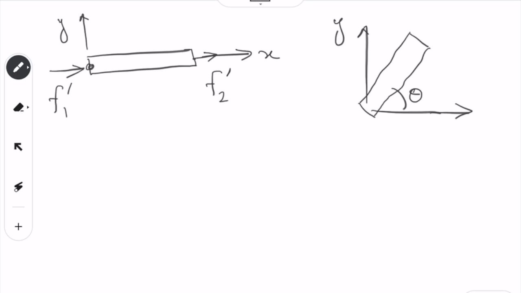So basically, in the vertical direction we have 0, and here also in the vertical direction we have 0. So in the 4 degree of freedom system, our forces become F1 dash, 0, and then F2 dash, 0.